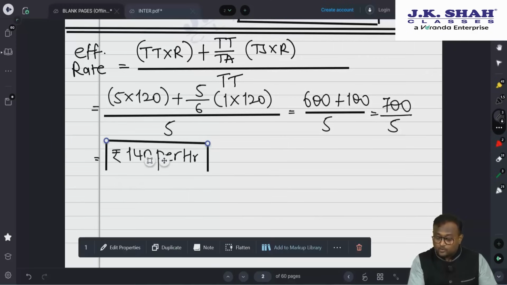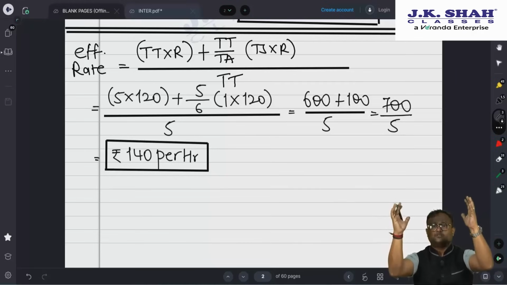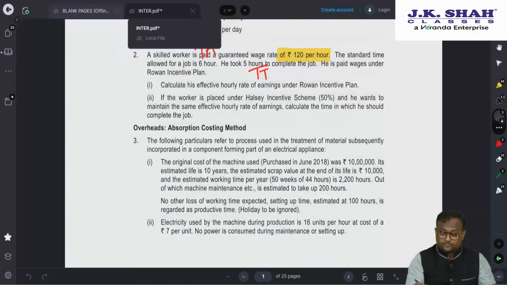But after considering the bonus, it is as good as you are paying the worker at the rate of 140 per hour. That's effective rate calculation. Total labor cost, I have paid 700 as per Rowan system for 5 hours. That means the worker has effectively earned at the rate of 140 per hour. That is my first answer.